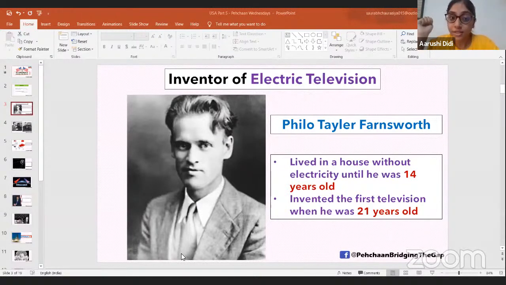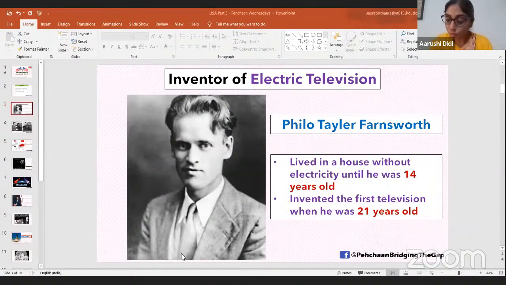And the inventor is Philo Taylor Farnsworth. So Philo Taylor Farnsworth, he designed the first version. Now hear me out. The direct ancestor. What that means? That it's the first version of our modern television. Okay, he invented that. He designed that.